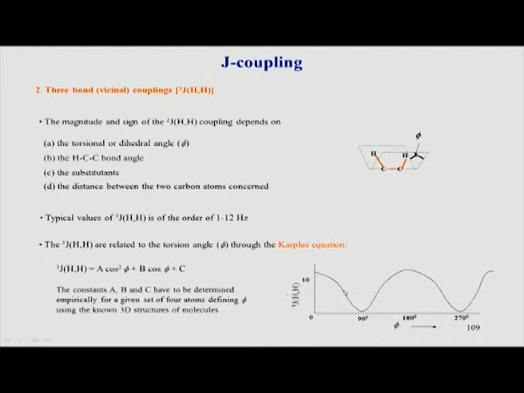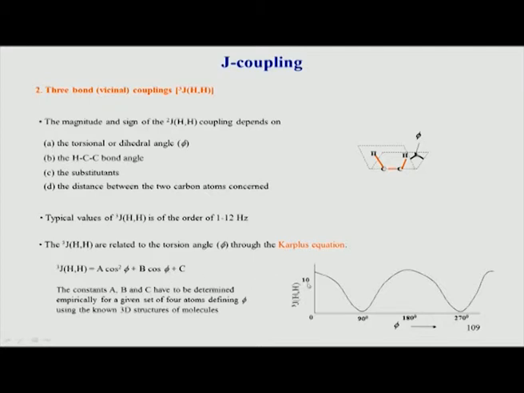You can see from this equation one thing: if I know the torsion angle, it does not give me the J value uniquely because it is a quadratic equation. A quadratic equation will always have 2 solutions for phi. So if I know the J value from experiment, it does not mean that I can calculate the phi value uniquely, because this is a quadratic in the angle phi, and therefore it will have 2 solutions.